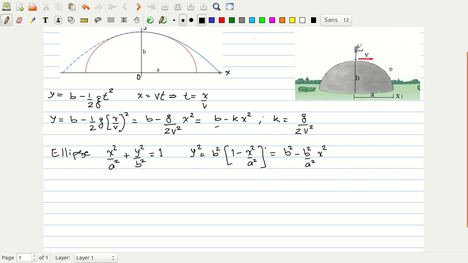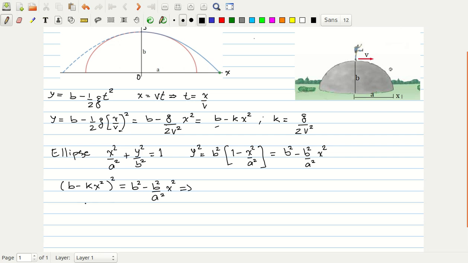So how do we find where these curves intersect? Simply equate both the y's. From the parabola equation we get y square equal to b minus kx square, the square of that, and this is equal to, from the ellipse, b square minus b square by a square x square.